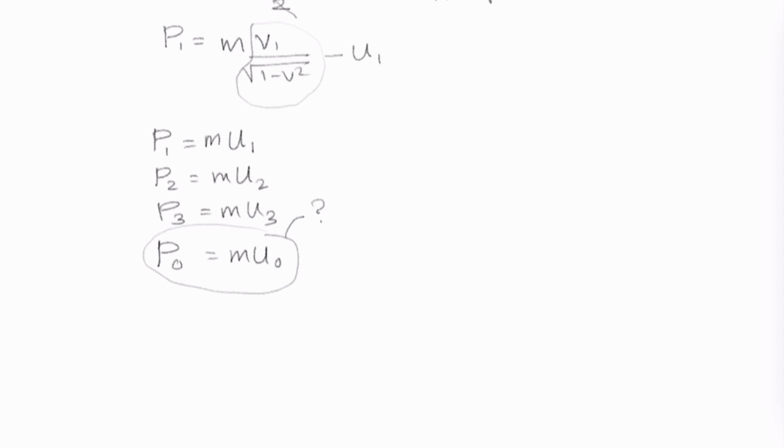To find out, let's look at the Hamiltonian. If you remember lecture 5, the Hamiltonian is summed over i, q_i dot, p_i, minus the Lagrangian.